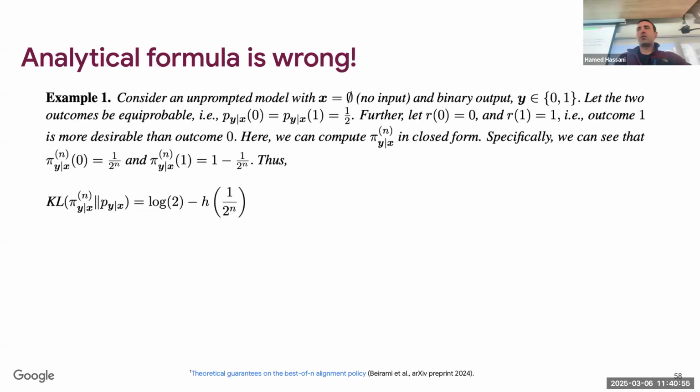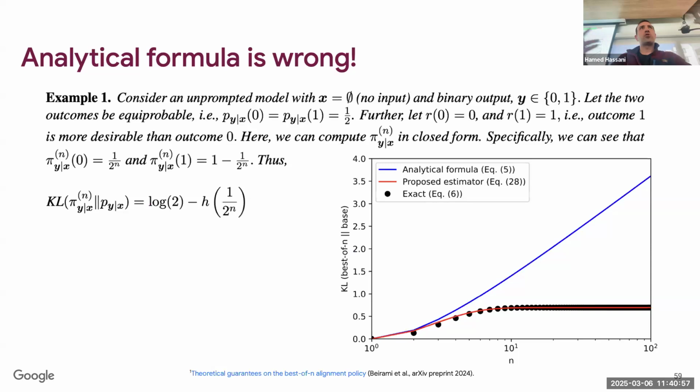And it turns out that it's not true. You can actually construct a very simple binary language model where the outcomes are just 0 and 1. We can compute the KL divergence in closed form, and then compare it with the formula. It turns out that the formula has nothing to do with the KL divergence.